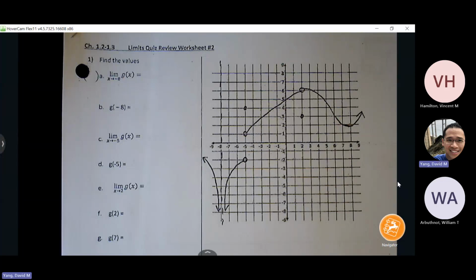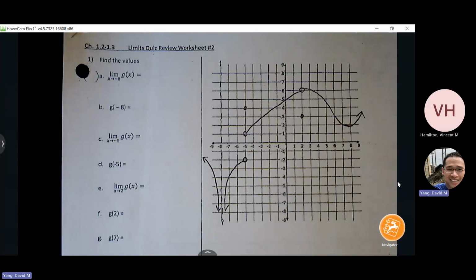Okay, so limit as x approaches -8. Anytime we want to see if a limit exists, we have to start with finding points on both sides of -8, close to -8.